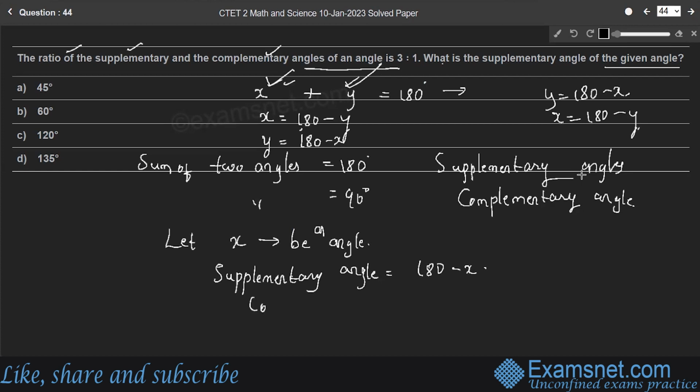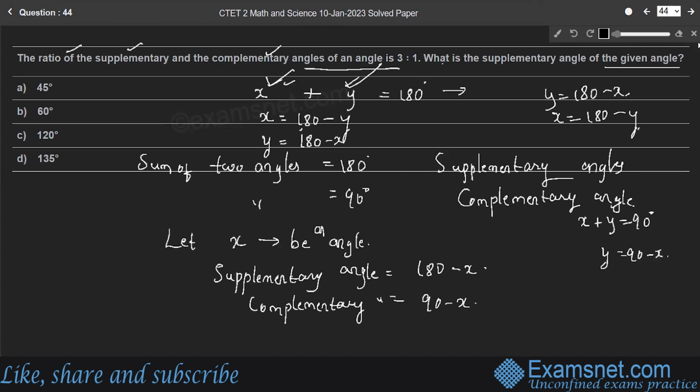Whereas the complementary angle becomes 90 minus x. Right? Similarly, for complementary angles, if x plus y is 90 degrees, then y is the complementary angle of x. So here y is 90 minus x.